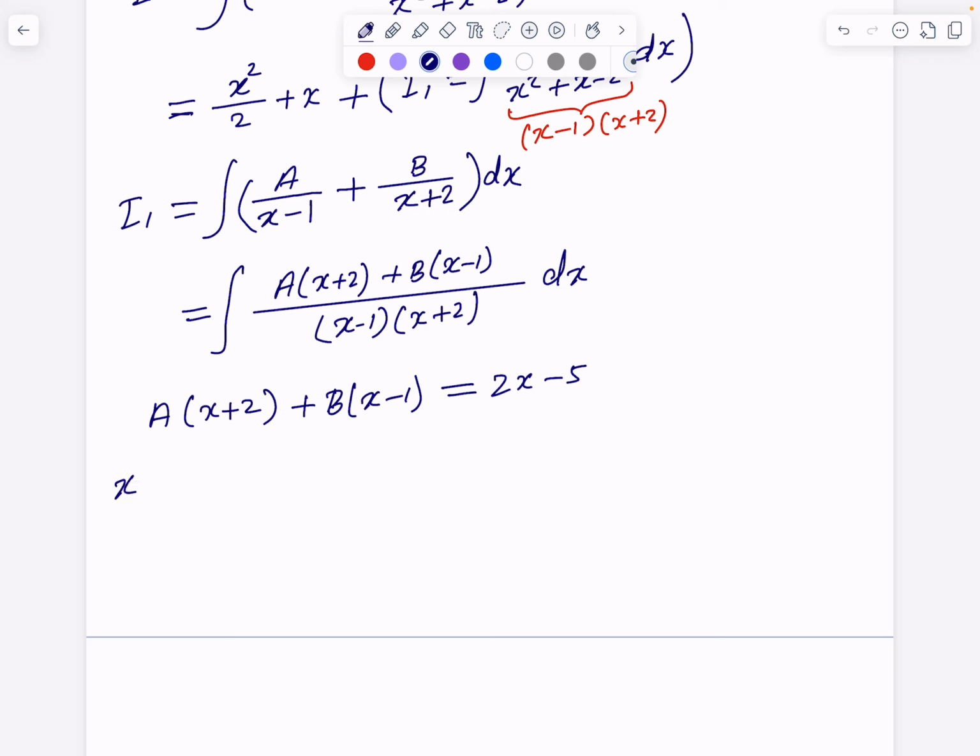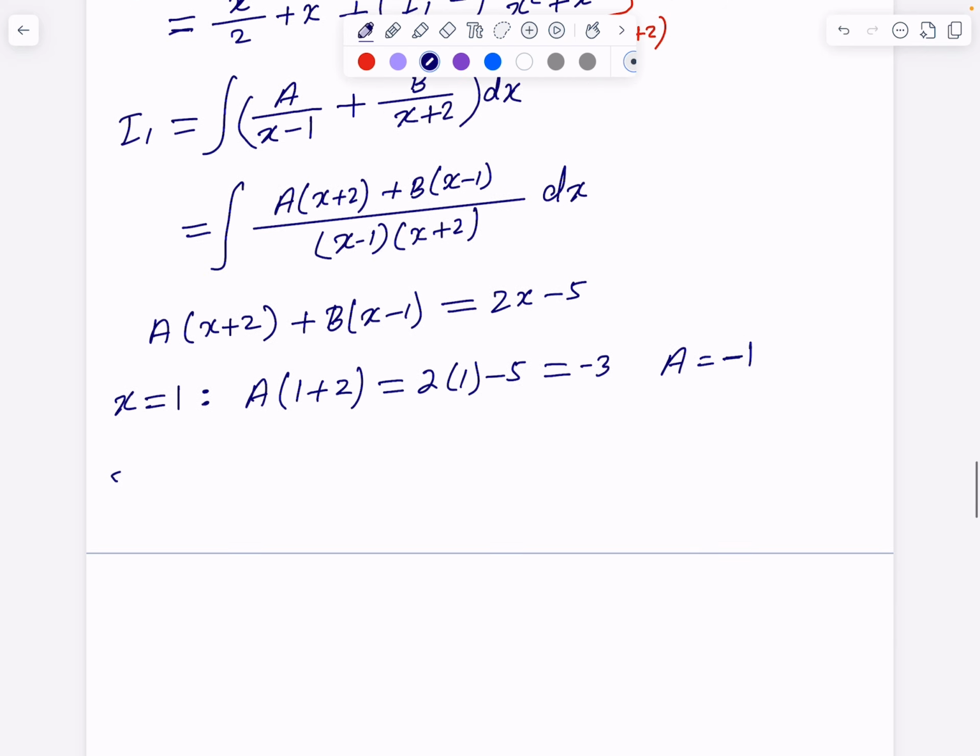If we consider x to be 1, then this term is going to go to 0, and we're left with A times 1 plus 2 being equal to 2 times 1 minus 5, which is going to be minus 3, and this one is 3. Therefore, A is just going to be minus 3 divided by 3, which is minus 1.